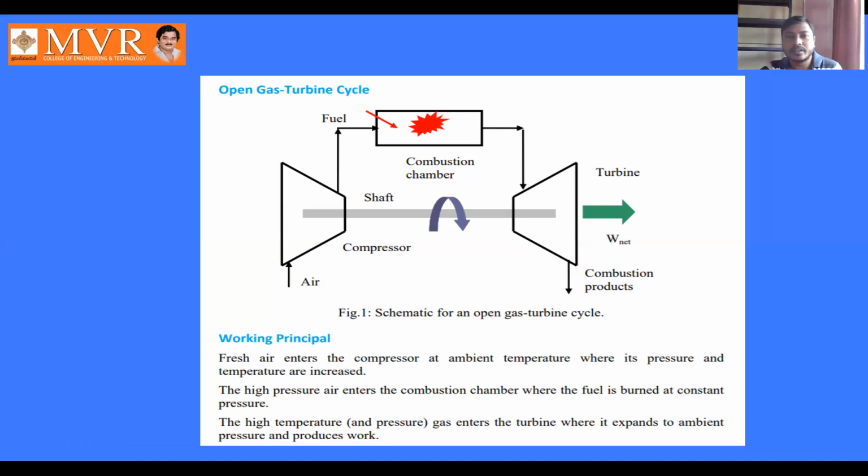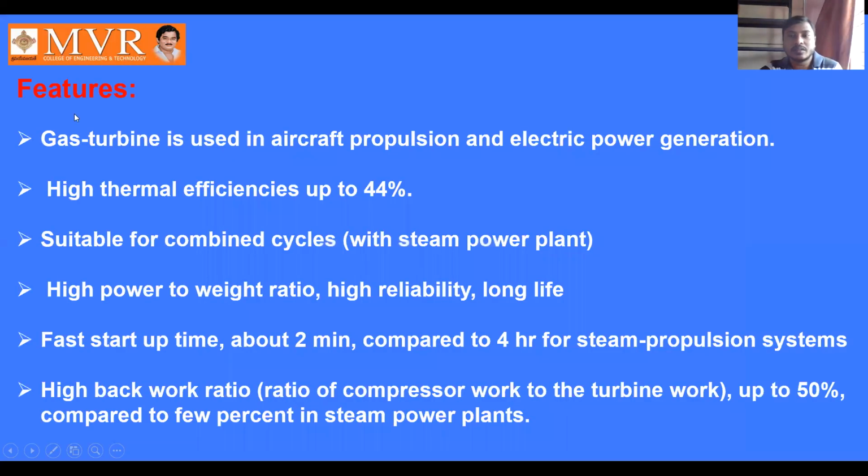Some of the features of gas turbines are: gas turbines are used in aircraft propulsion and electric power generation. The thermal efficiency of gas turbine power plants is up to 45%, and they are suitable for combined cycles with steam power plants.